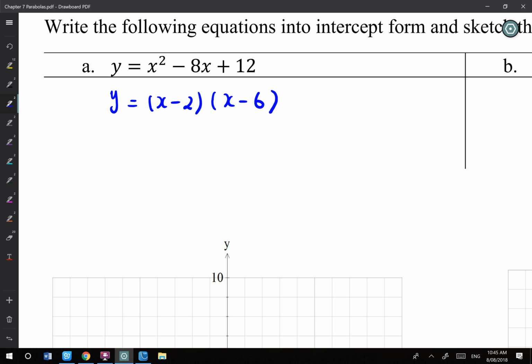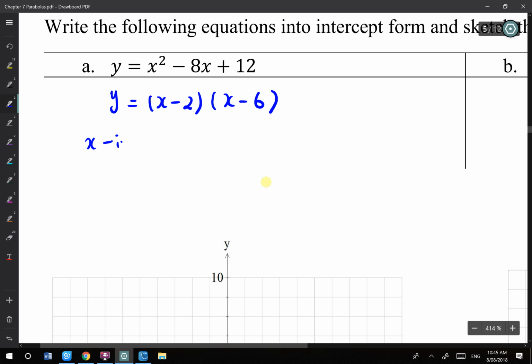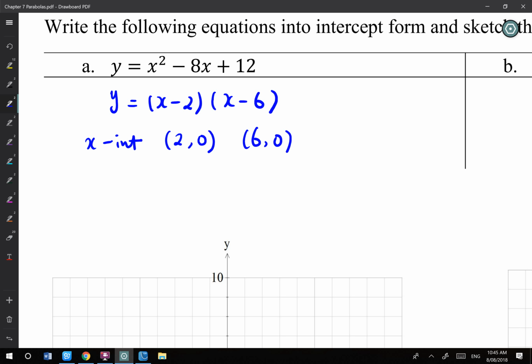So what can I tell immediately from this form: the x-intercept, y-intercept, or turning point? The x-intercept. What are the x-intercepts? 2, 0 and 6, 0. So if I can factorize easily, I can easily get the x-intercepts.